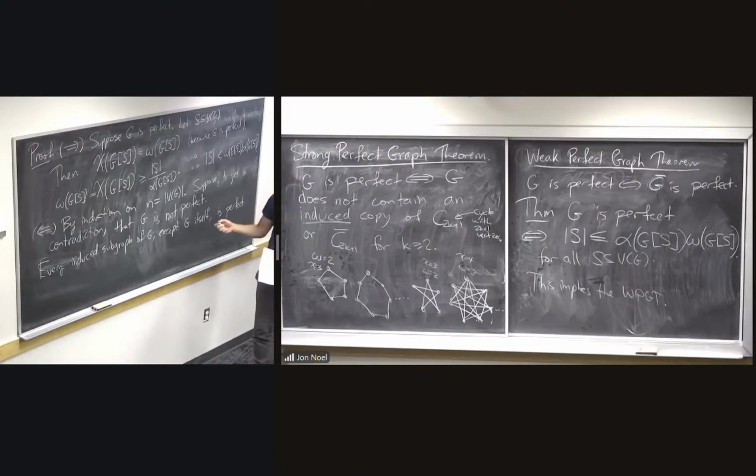So in other words, for every induced subgraph of G except for G itself, the chromatic number will equal the clique number. It's holding for every subgraph.